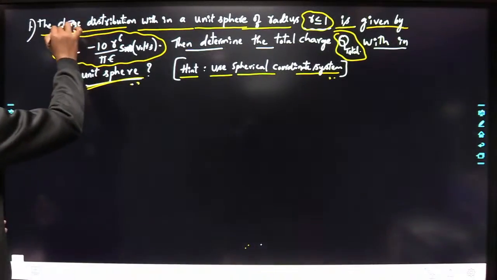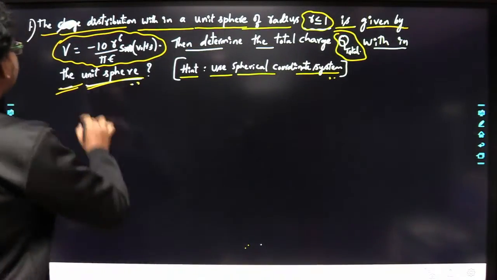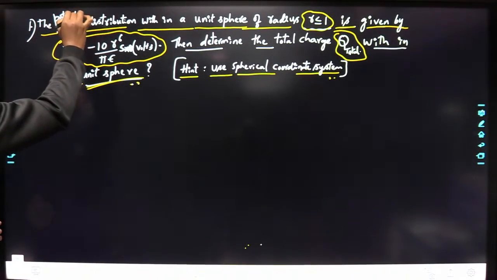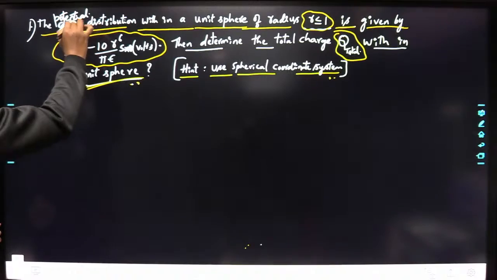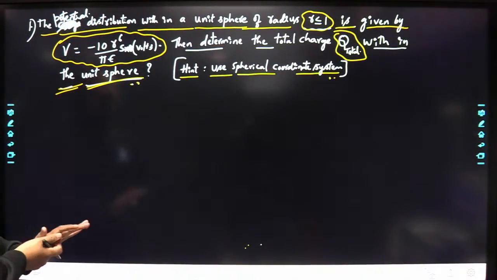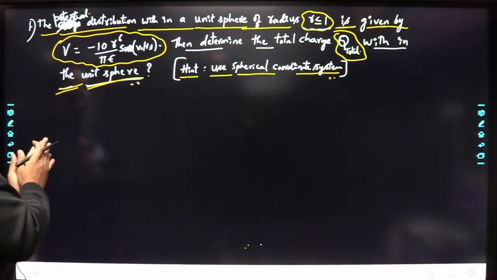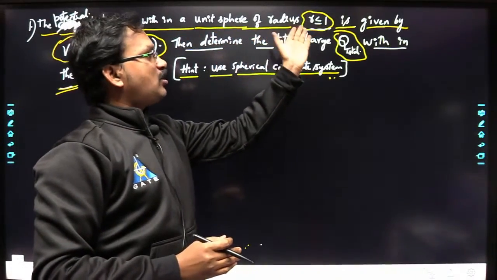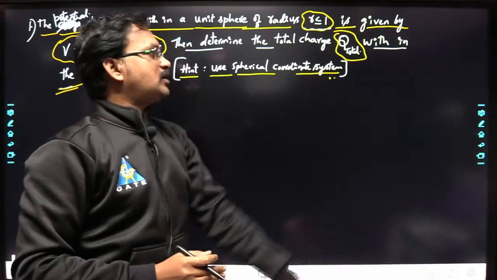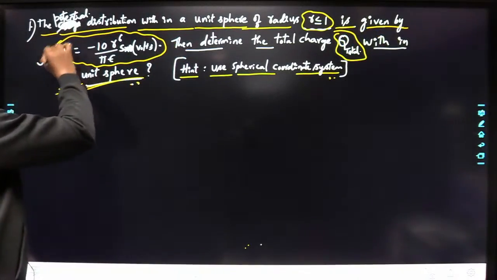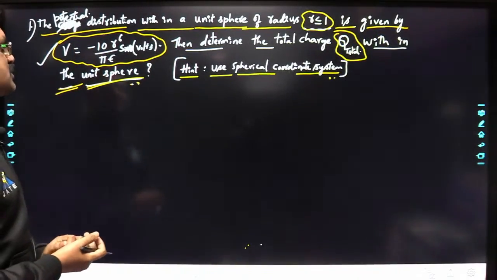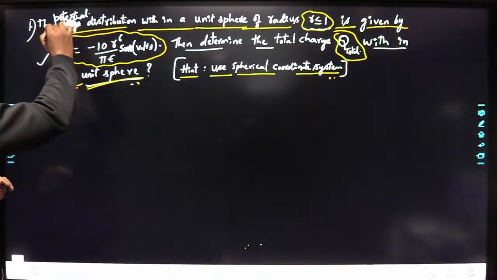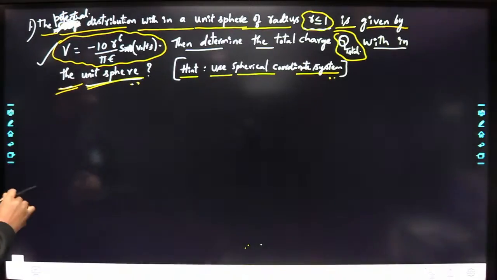So the question framing is wrong, note this down. They have given the potential distribution within a unit sphere of radius r less than or equal to 1 as V is equal to minus 10 r power 6 by pi epsilon sine theta volts. It is potential distribution, not charge distribution.